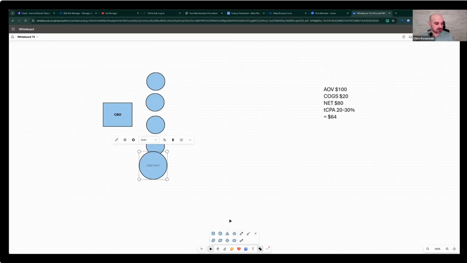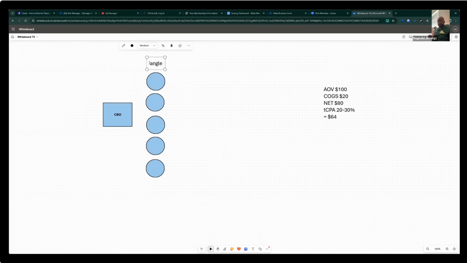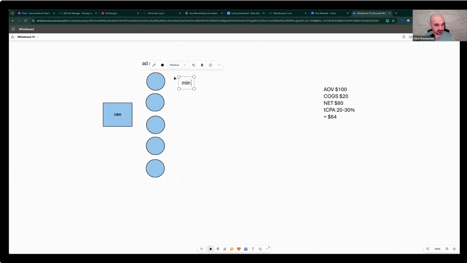So let me mark this. So ad set equals like angle. And ideally you want to have min 5 ads. Max, you can have up to 25 ads in each ad set.